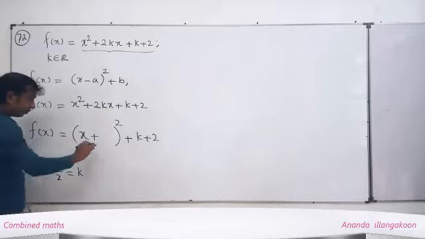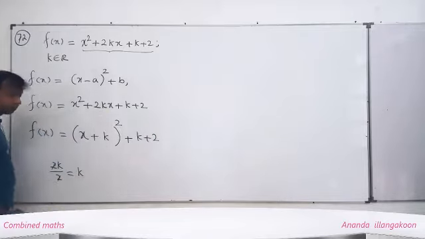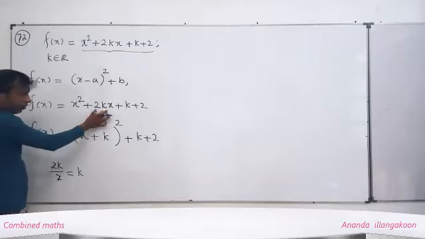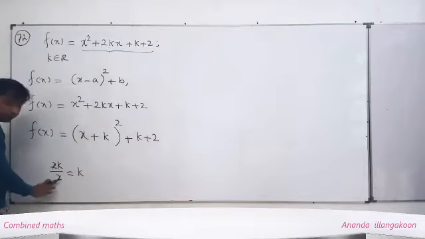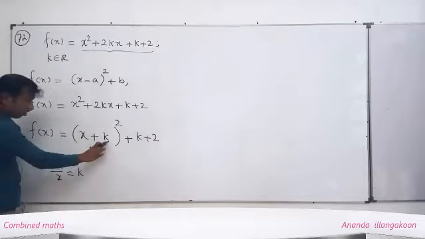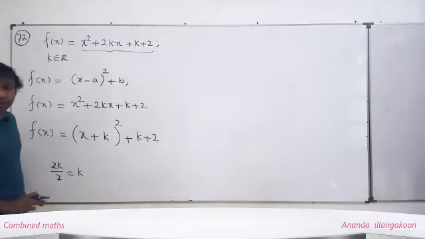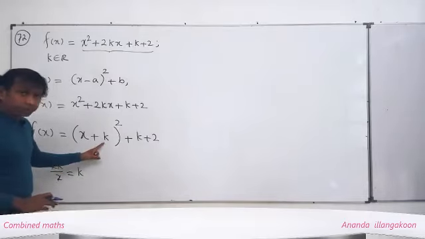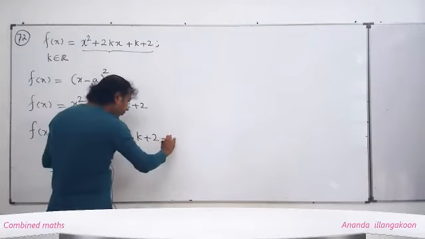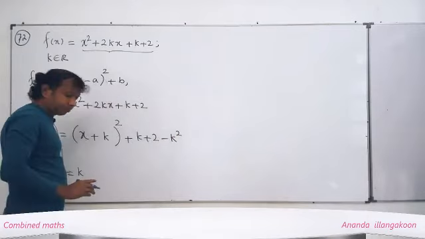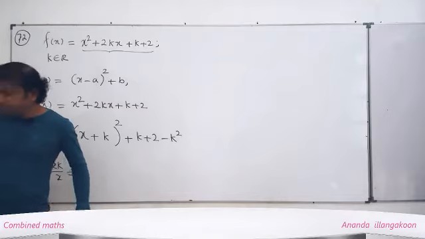It is plus k. The x coefficient should be divided by 2. The x coefficient is 2k; when you divide that by 2, we get only k. That only we have to write here. Finally, we have to subtract the perfect square of this: minus k squared.